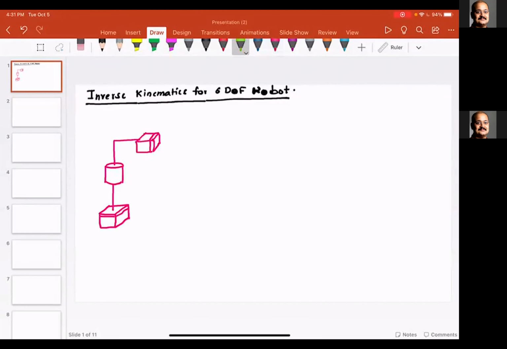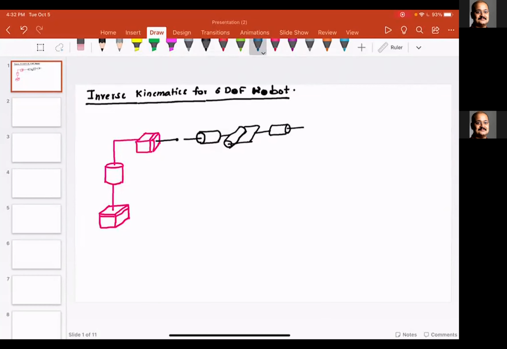Now, afterwards, I have a spherical wrist. I'm going to show you the spherical wrist, but I will draw this in a slightly disjointed fashion. So this is the spherical wrist: the first joint of the spherical wrist, the second joint, and then the third joint of the spherical wrist.